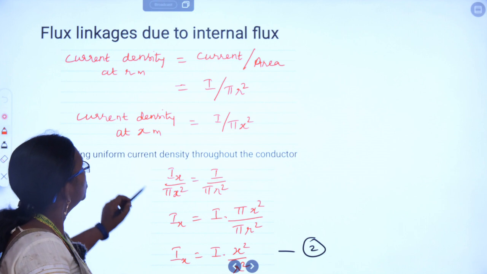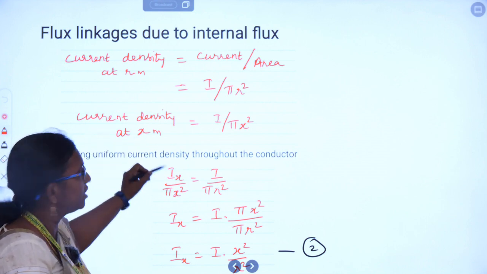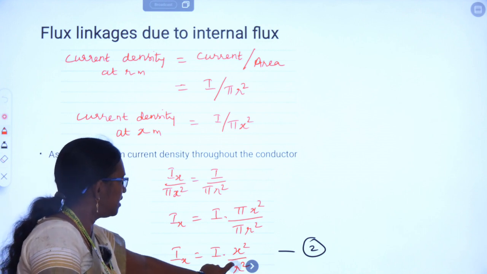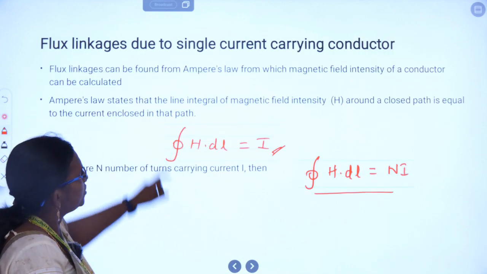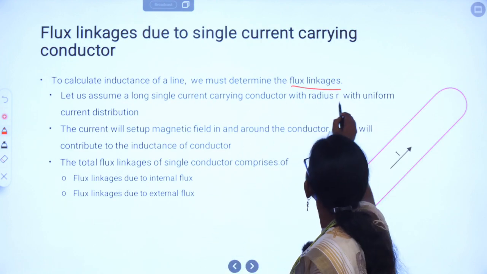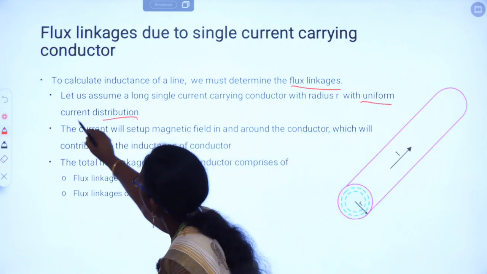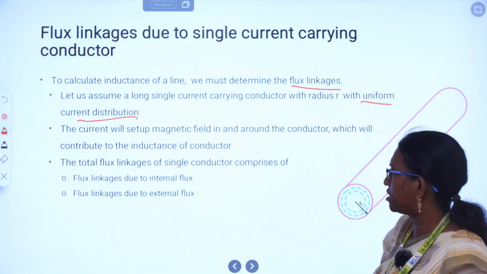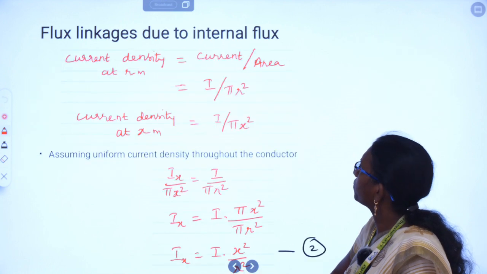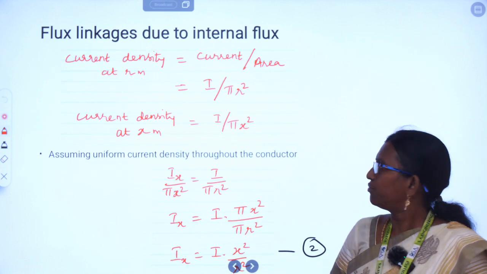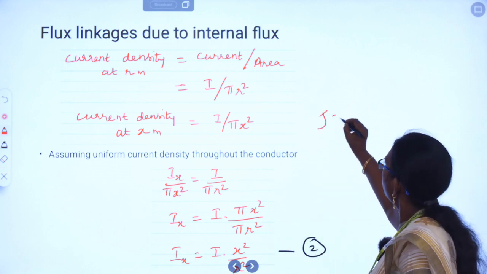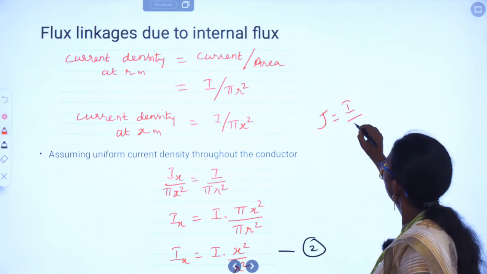Flux linkages due to internal flux is continuing. Here the current density, as we discussed in the earlier slides, is assumed to be constant. So with a uniform current distribution, we are starting off this equation. We know current density J is equal to the current divided by area.